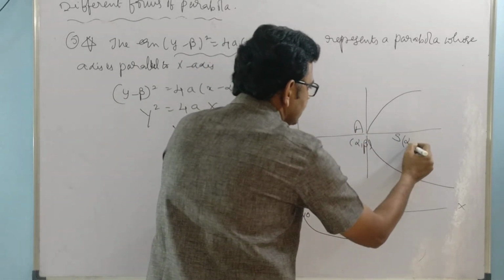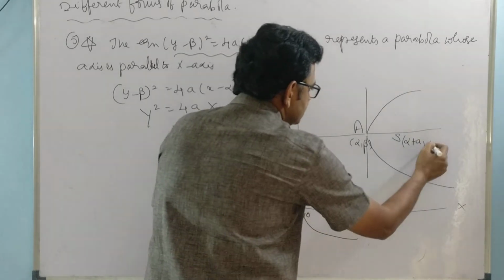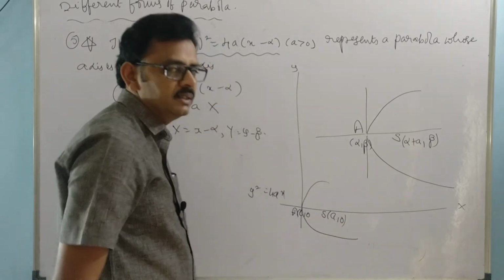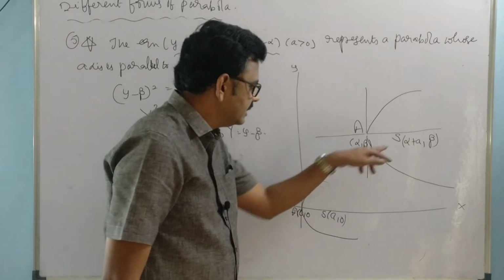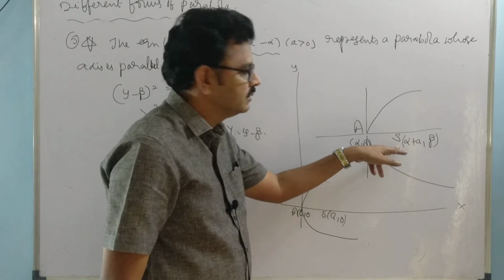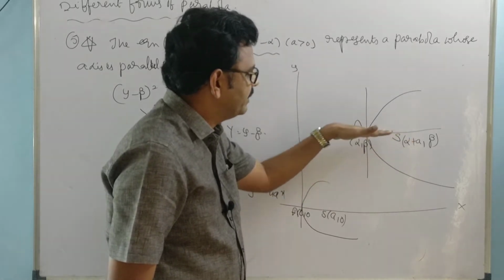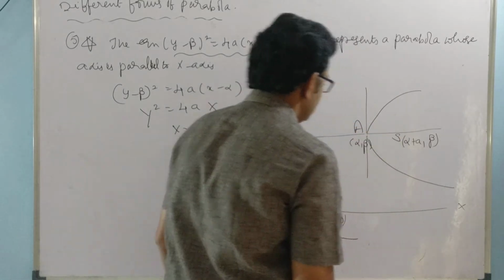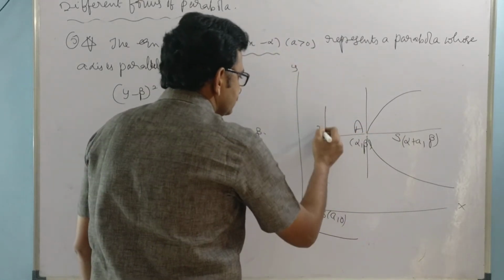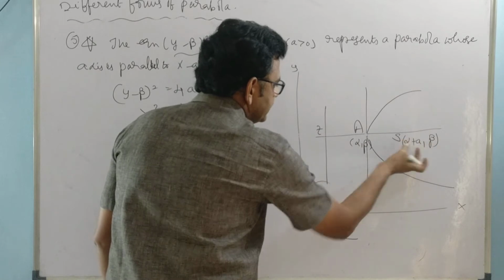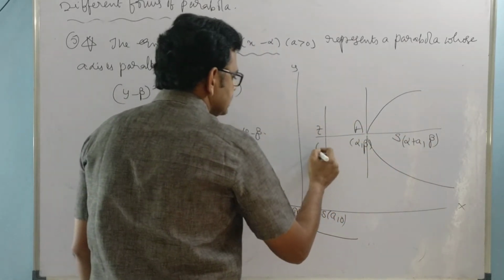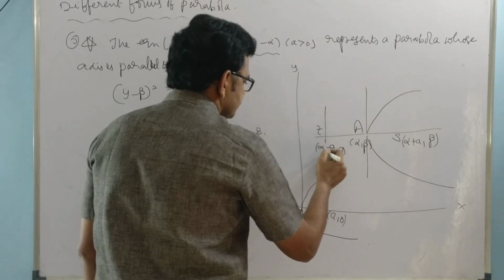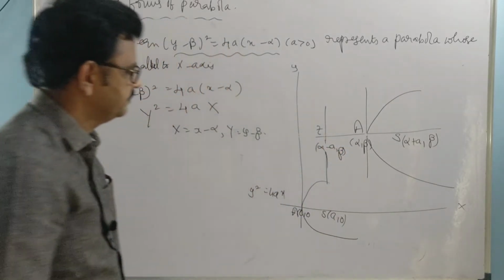Therefore the focus is alpha plus a comma beta. Earlier the focus lay on the x-axis with y coordinate 0, but here the focus lies on a line parallel to the x-axis. This distance is beta. Similarly, the other end of the latus rectum is alpha plus a comma beta, and its reflection is alpha minus a comma beta.